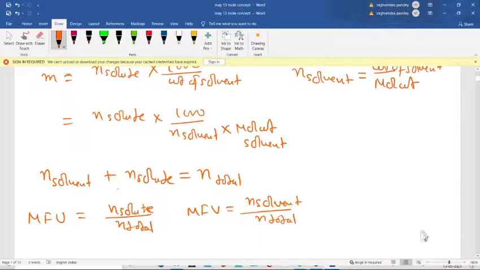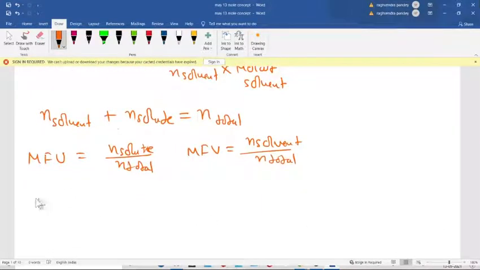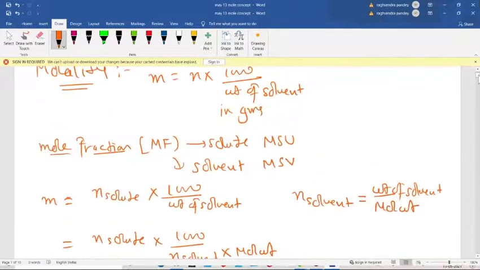So here we can write one thing in this. Mole fraction of solute, because I told you earlier mole fraction is your mf, mole fraction of solute is your MFU.